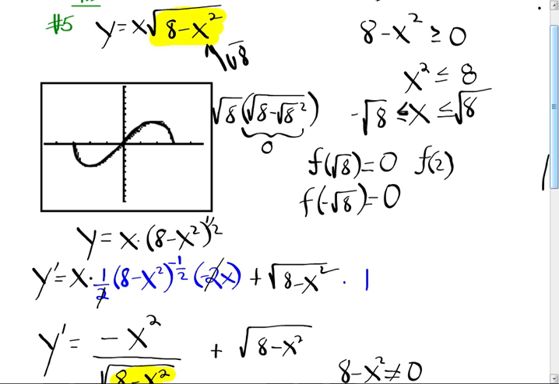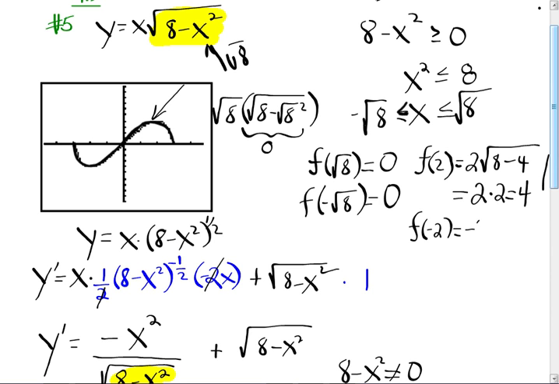So what's f of 2? It's 2 times the square root of 8 minus 4. So it's 2 times 2, which is 4. Guess where that is? Right there. Okay, Riley? What's f of negative 2?